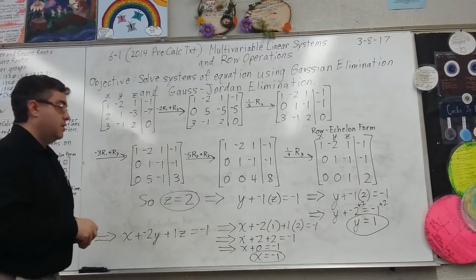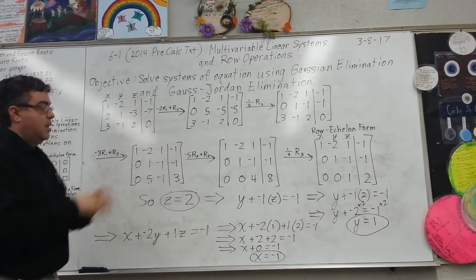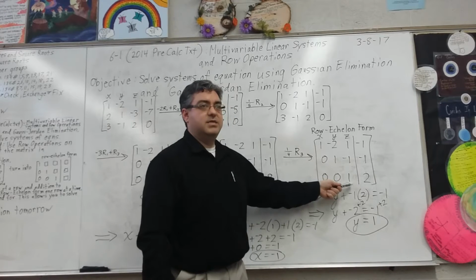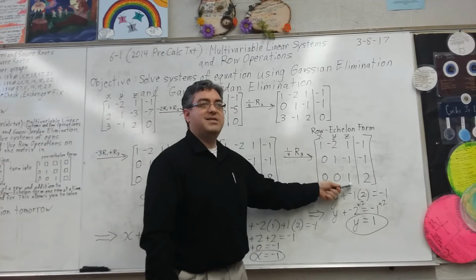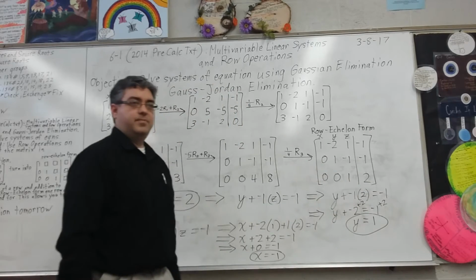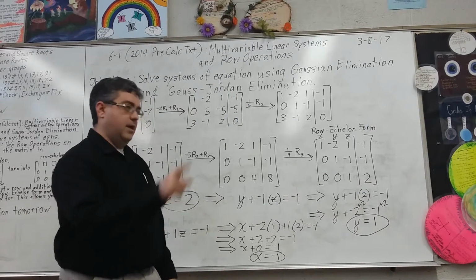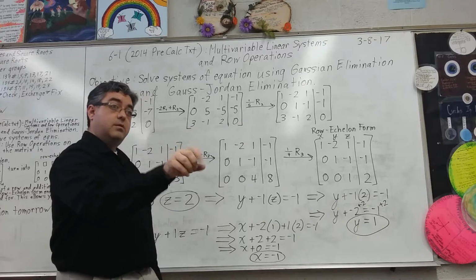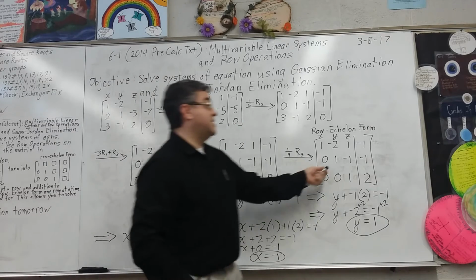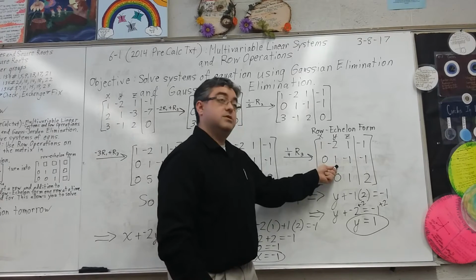Emily? How did we get z equaling 2? Because when we got it in row echelon form, it gave us that. This is 1z, 1 times z, equals 2. Does that make sense? Yeah. But we have another one on the top of the z column.